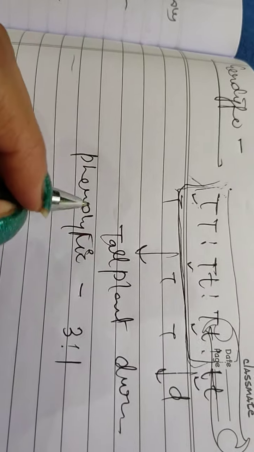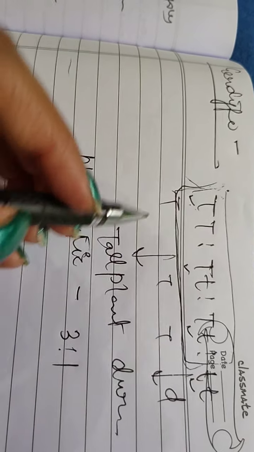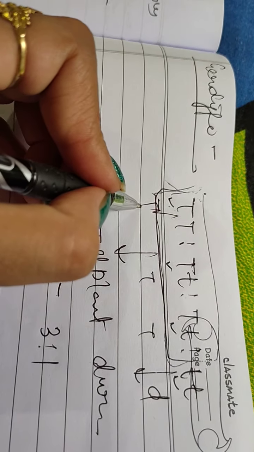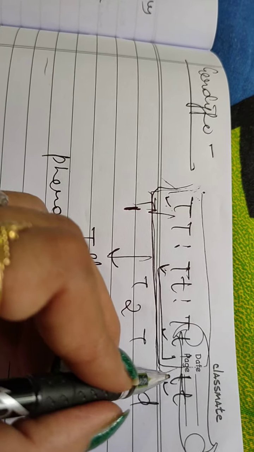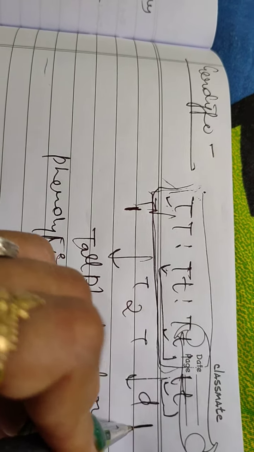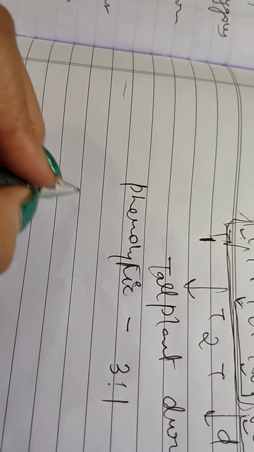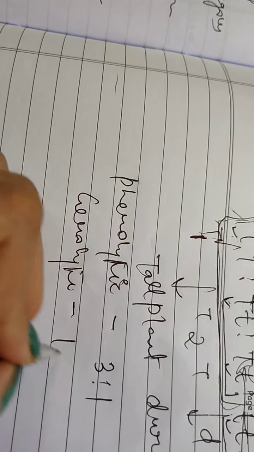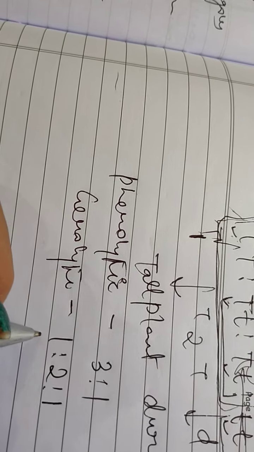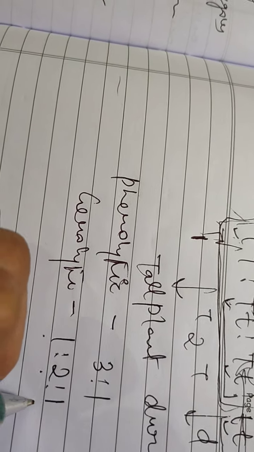But if we talk about the genotype of this combination, then it is pure tall 1, this is hybrid tall 2, and this one is pure dwarf, that is 1. So its genotype ratio would be 1 is to 2 is to 1, pure tall, hybrid, pure dwarf.